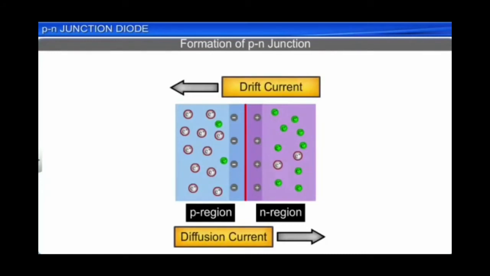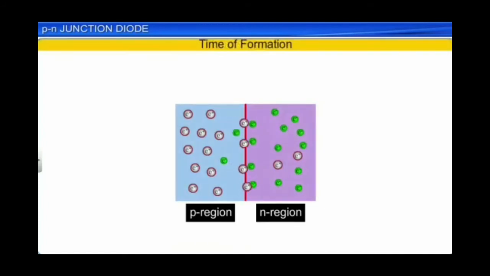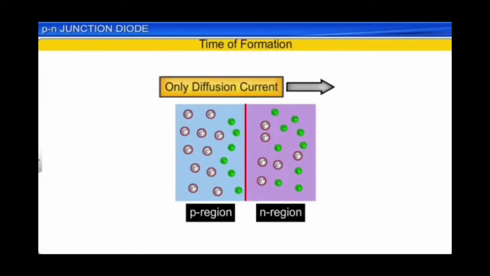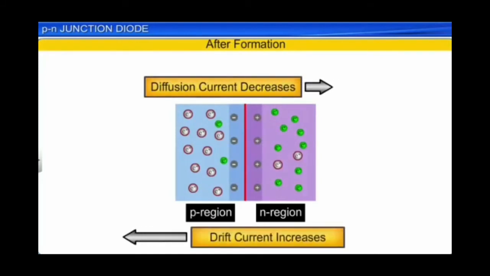And we can see that both diffusion current and drift current are opposite in direction. In the beginning there was only diffusion current, and as time goes this diffusion current decreases, and we can see that a depletion region forms in the nearest vicinity of that middle barrier, and drift current starts flowing and increases.